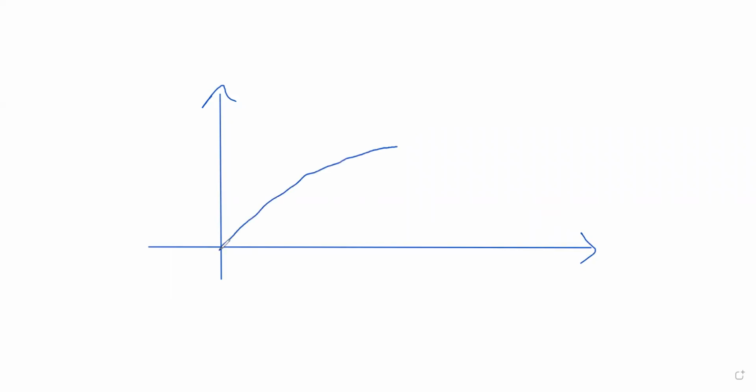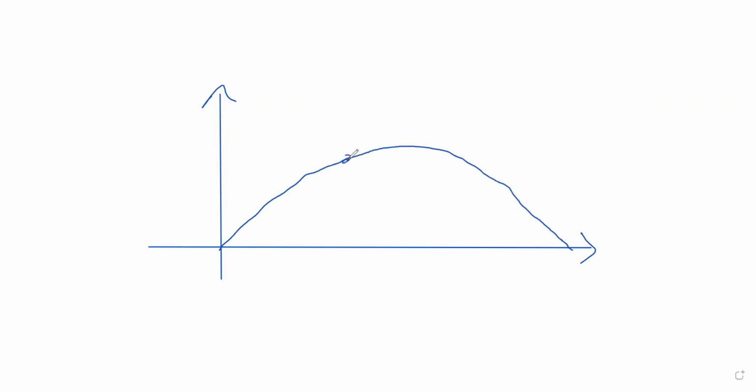The problem goes like this. I think I solved this in an earlier video itself, if I remember correctly. So it goes like this. This is the trajectory of the projectile.